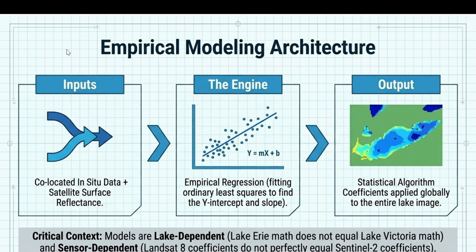Okay, and empirical modeling architecture, we can create some empirical models. Basically in this model we simply co-locate in situ data plus satellite surface reflectance. Two data: one is in situ data, which we collect from our ground water body, and satellite reflectance data we simply take from the satellite sensor.